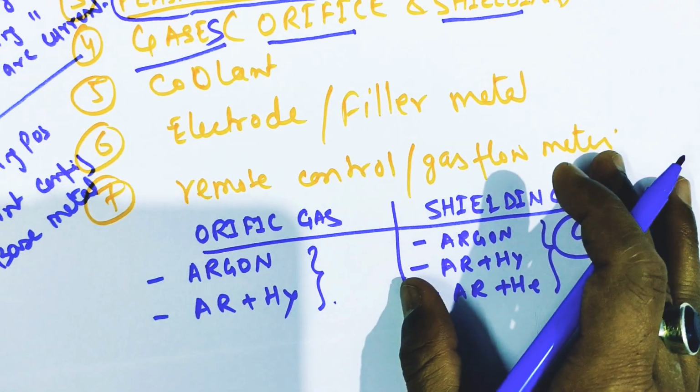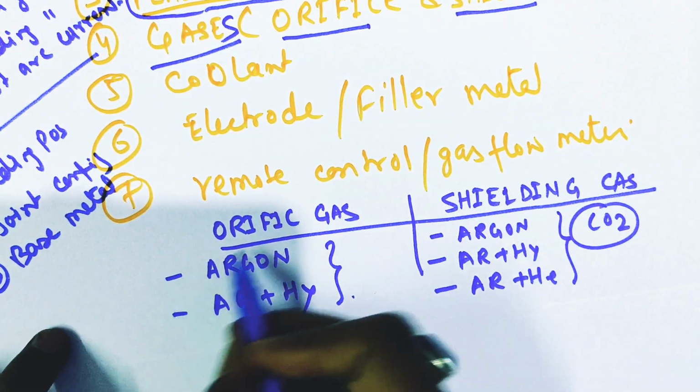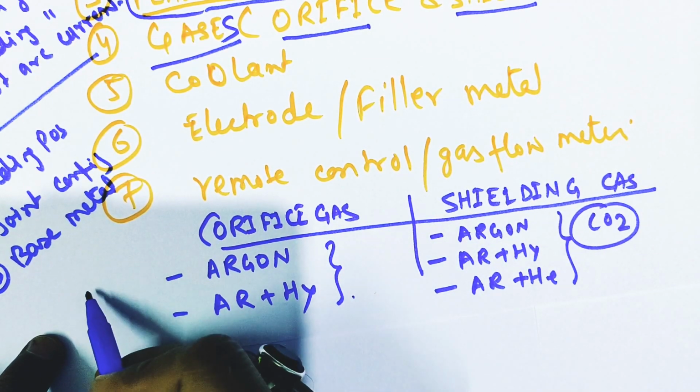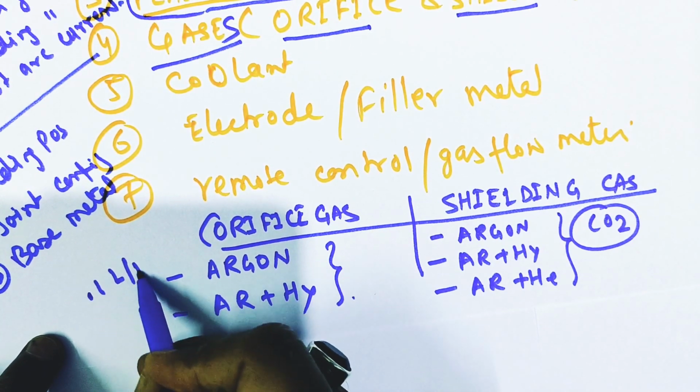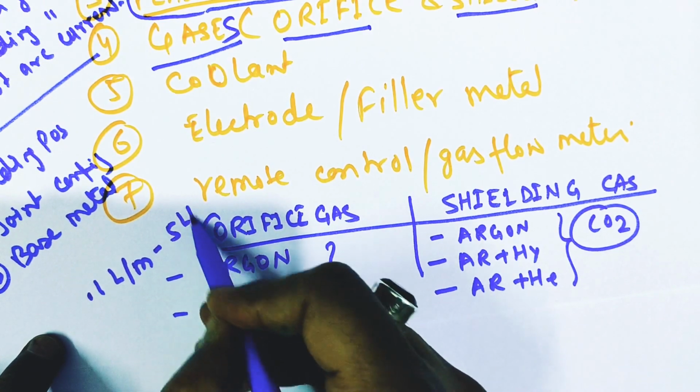One more thing I would like to tell you about is the gas flow rate. For orifice gas, the gas flow rate is between 0.1 liter per minute to 5 liter per minute.